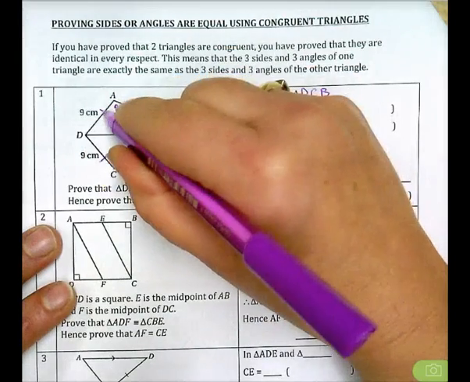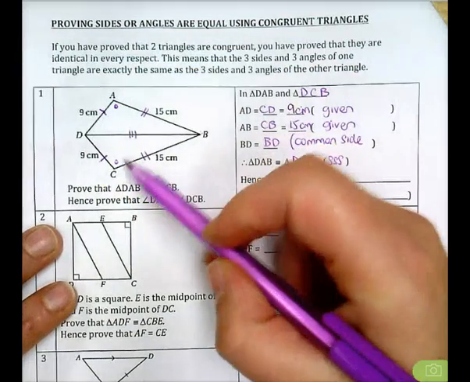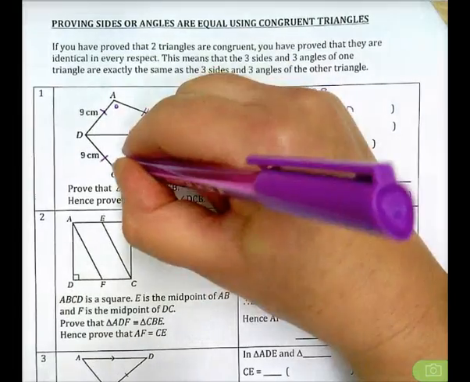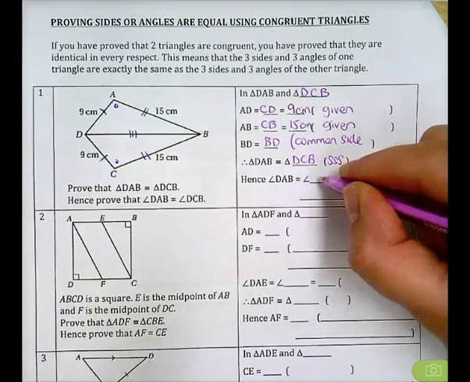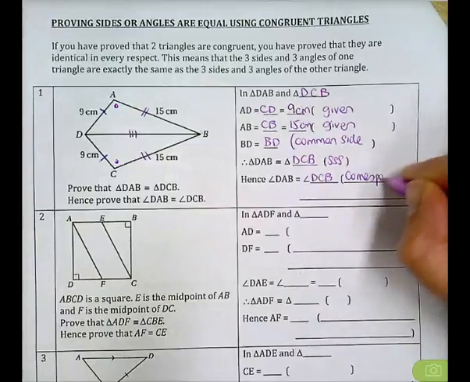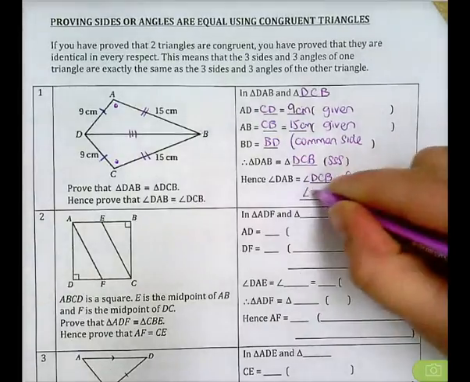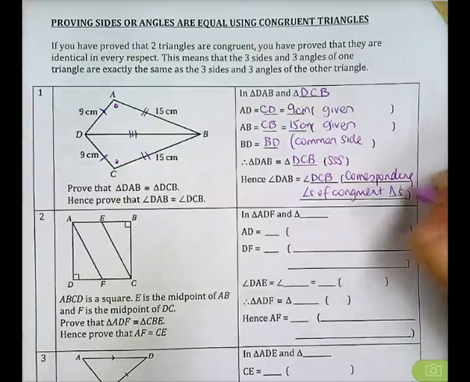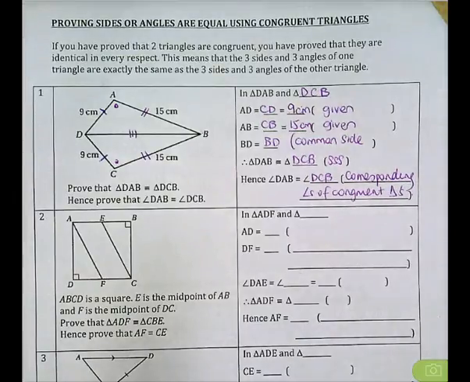DAB is between the side with the single dash and the double dash, and this is also between the single dash and the double dash side. So therefore, angle DAB equals angle DCB, corresponding angles of congruent triangles.